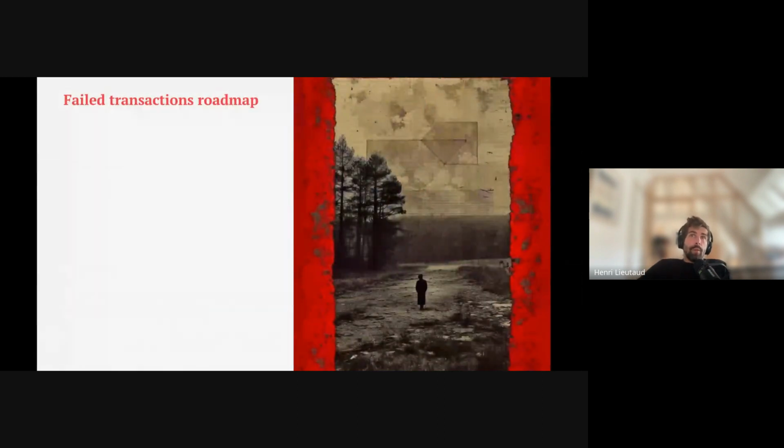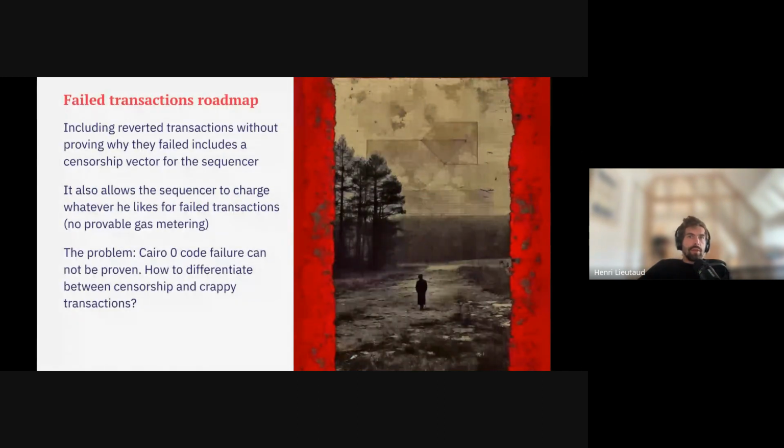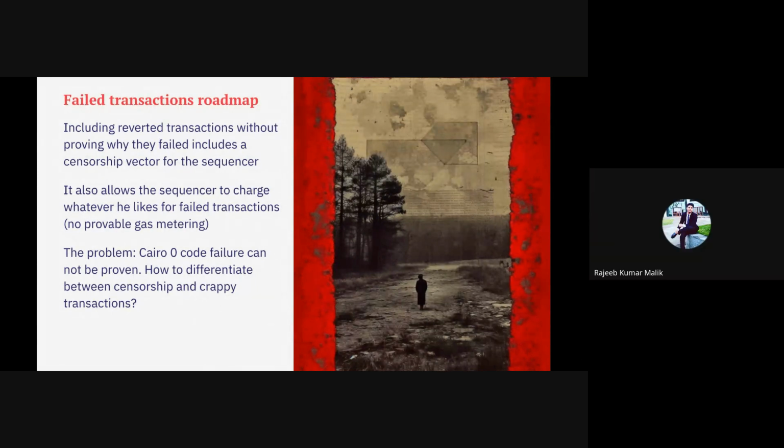That is obviously not ideal, and it's just a temporary thing, right? And the reason for that is actually really intricate. But you know the difference between Cairo 0 and Cairo 1 that we evoked earlier.